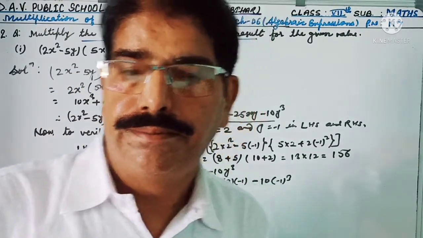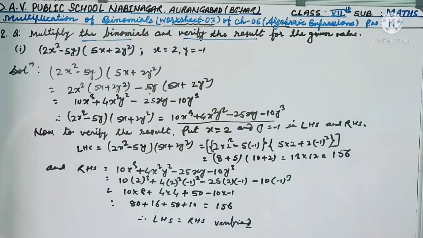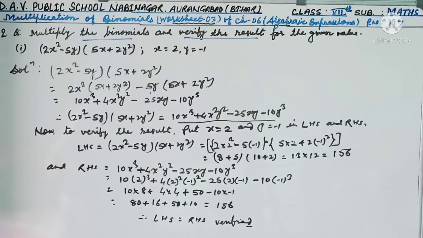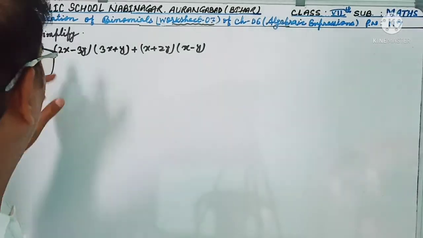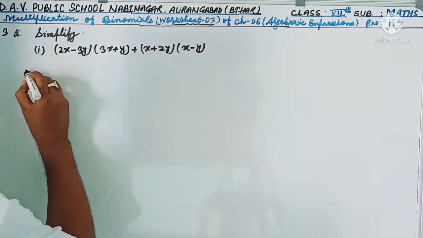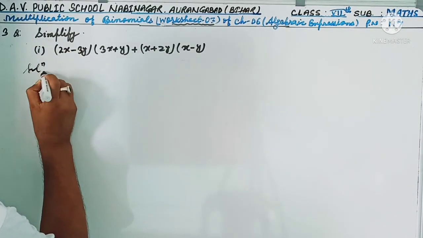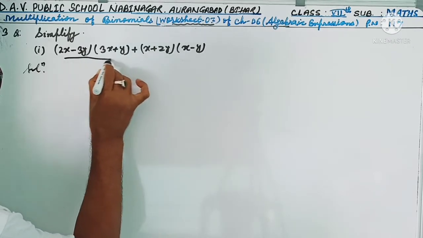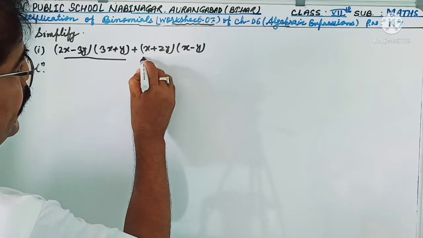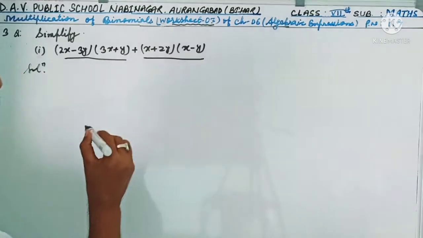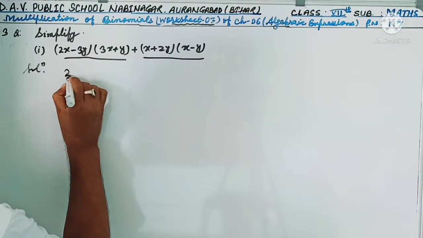And the next question, third: simplify. Dear students, (2x minus 3y) into (3x plus y) plus (x plus 2y) into (x minus y).